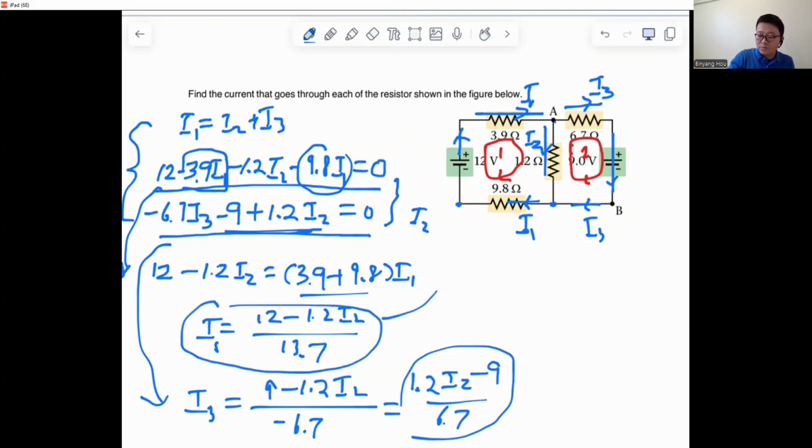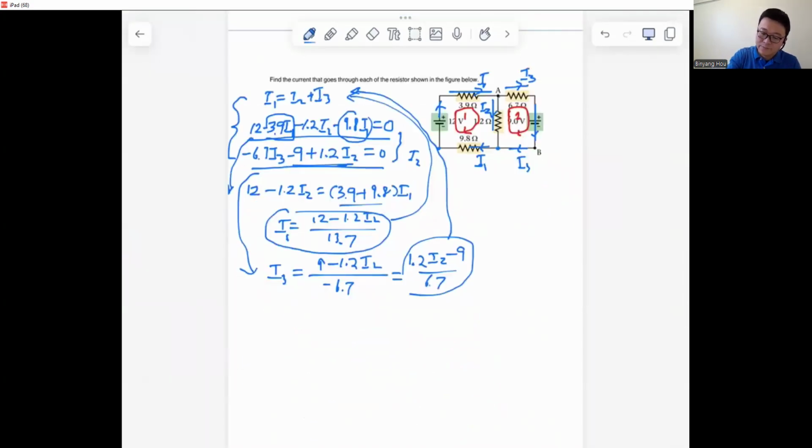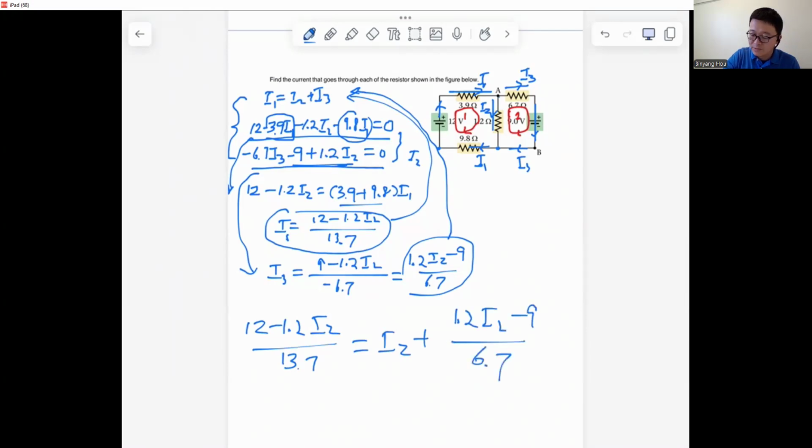Now both of these will go back to the first equation. So we'll have I1 as 12 minus 1.2 I2 over 13.7 equals I2 plus I3, which is 1.2 I2 minus 9 over 6.7. This newly formed equation has only I2 as the unknown. Then we can solve for I2.